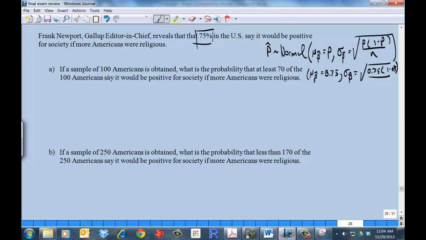Here our sample size is 100. So we get a normal distribution with a mean of 0.75 and a standard deviation of 0.0433.